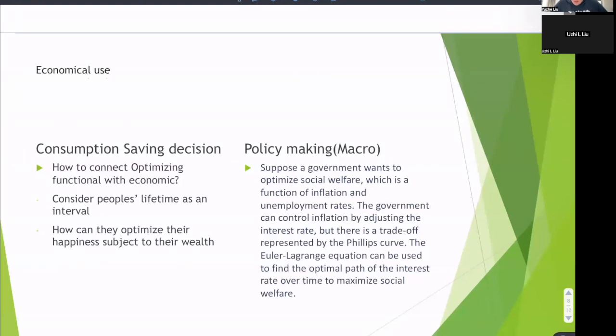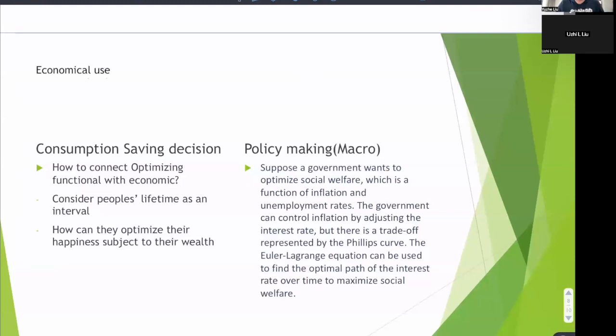We will build a model, and this model will typically involve maximizing some measure of utility, profit, or even social welfare, subject to various constraints, for example budget constraints, how much money you have.